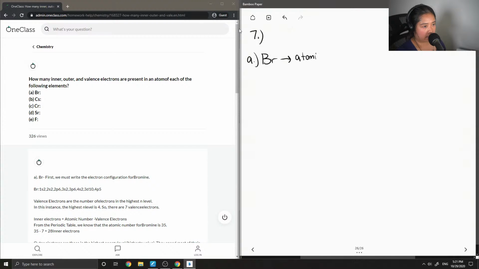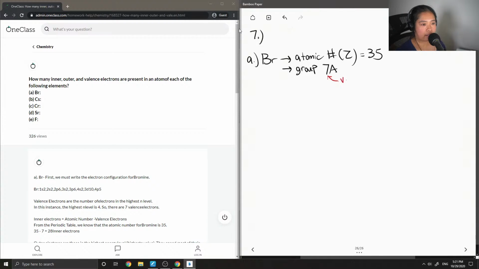Its atomic number, which I'll just use as Z from now on, is equal to 35. And it's also in group 7A. So this is one of the main groups on the periodic table.